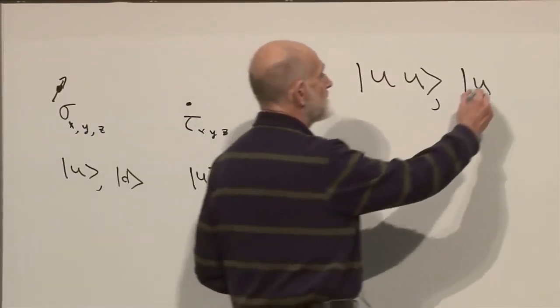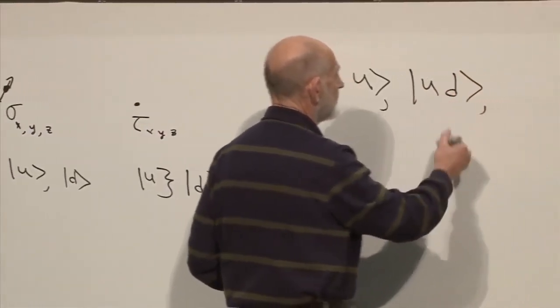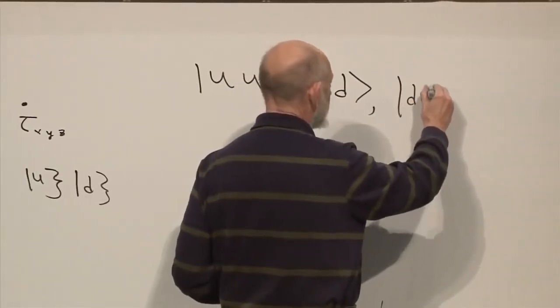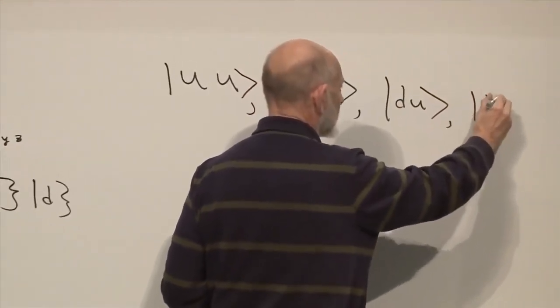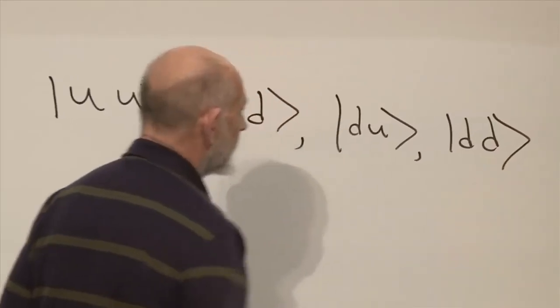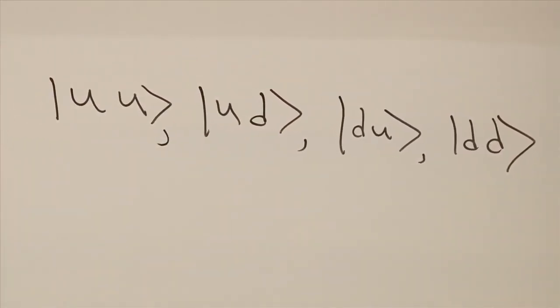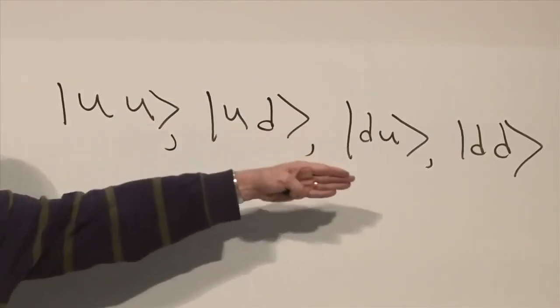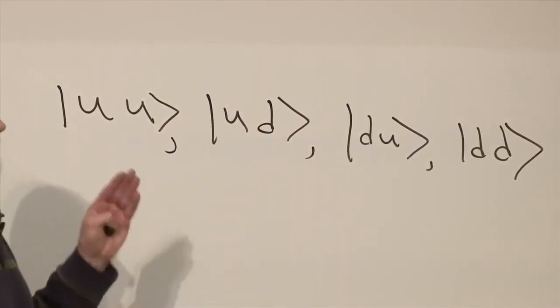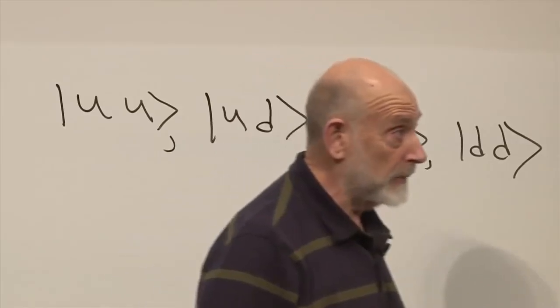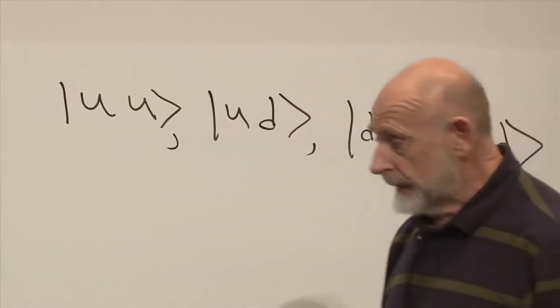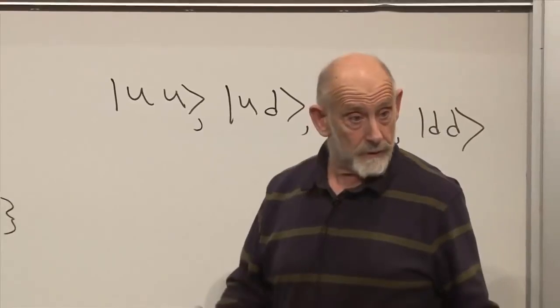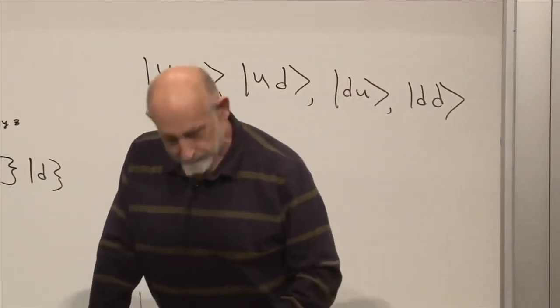Up, down, down, up, and down, down. That's the 4 basis vectors. Each basis vector carrying 2 labels now, a sigma label and a tau label. That's the idea, and it's a very reasonable idea.